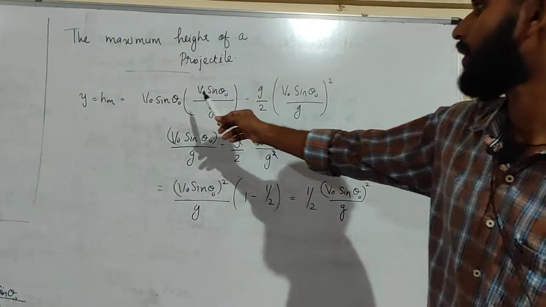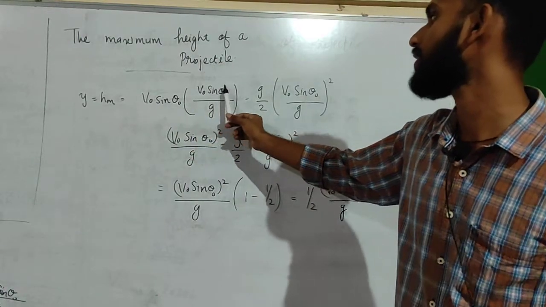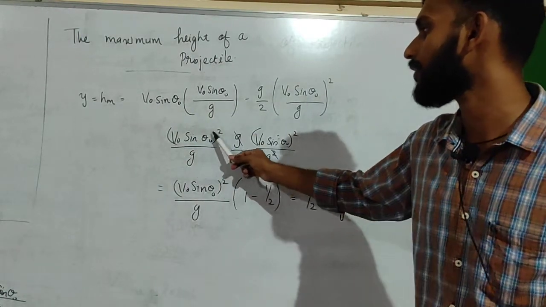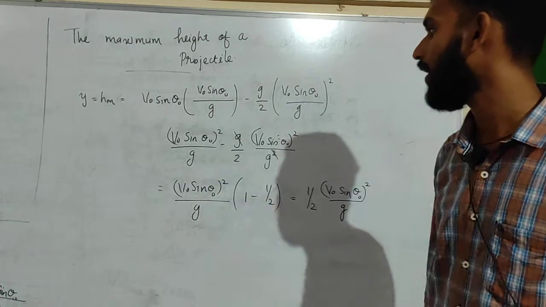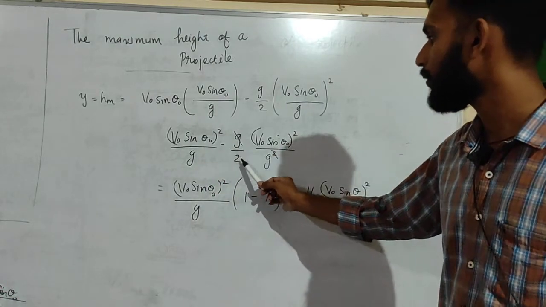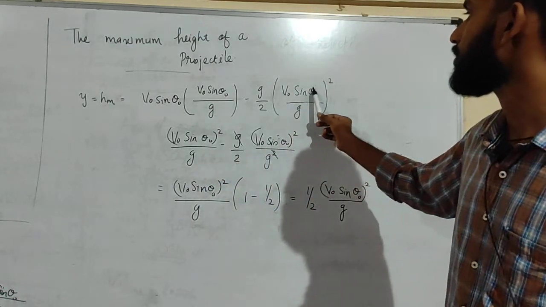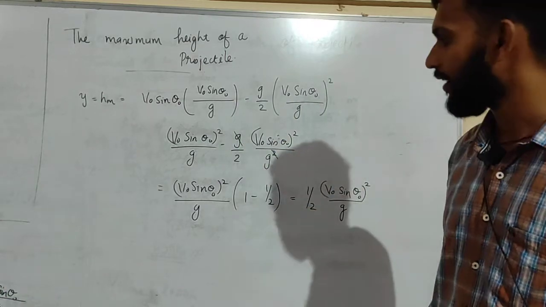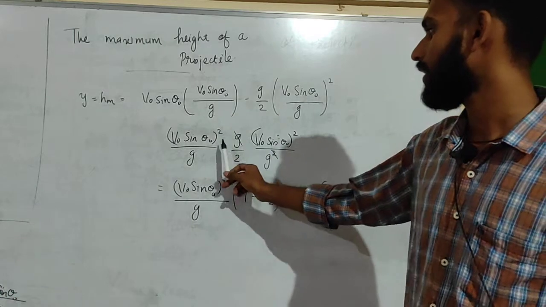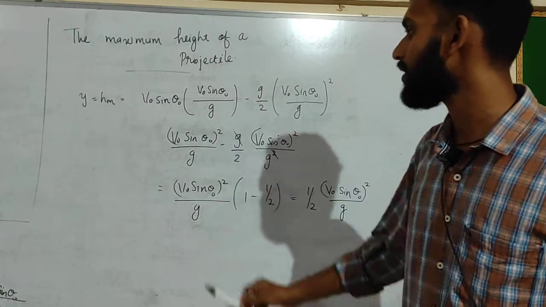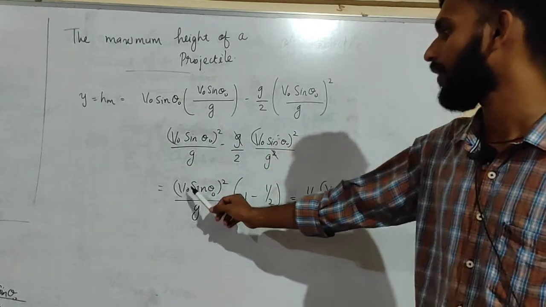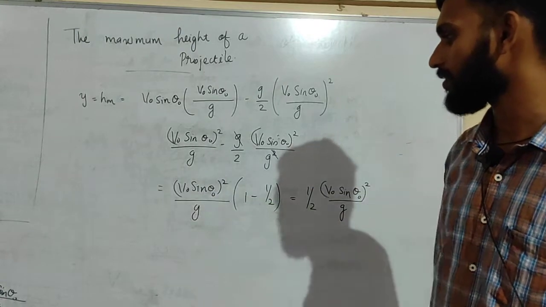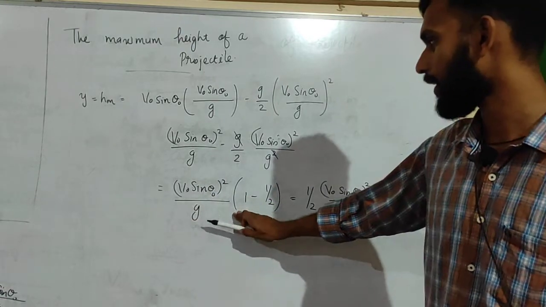Here V0 sin theta 0 into V0 sin theta 0 will be V0 sin theta 0 the whole square divided by G, minus G by 2 into V0 sin theta 0 the whole square divided by G square. G will be cancelled, and V0 sin theta square divided by G is common in both the cases. Actually these steps are not necessary, but for your understanding I am explaining like this.